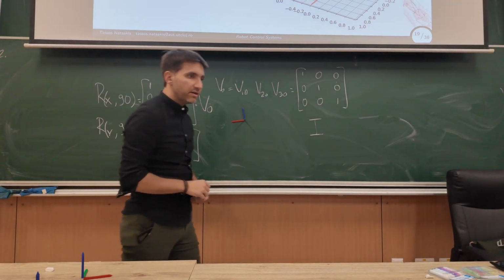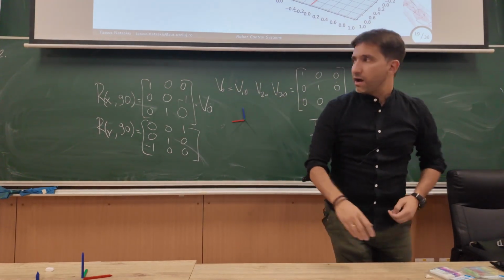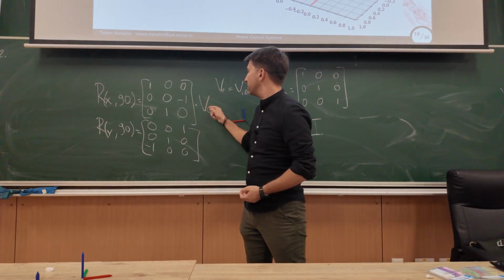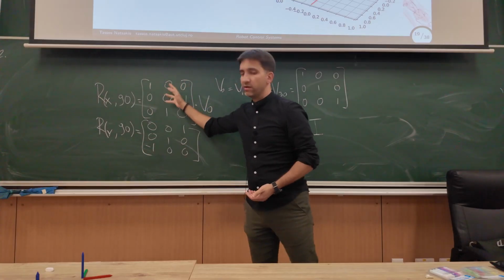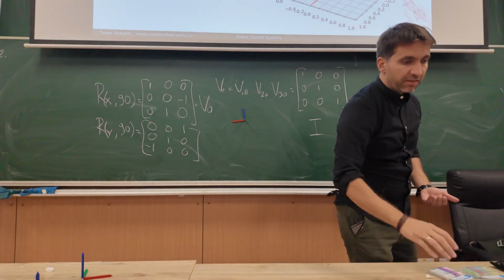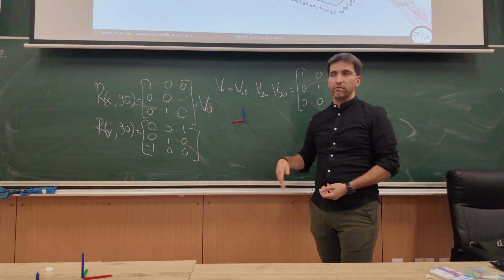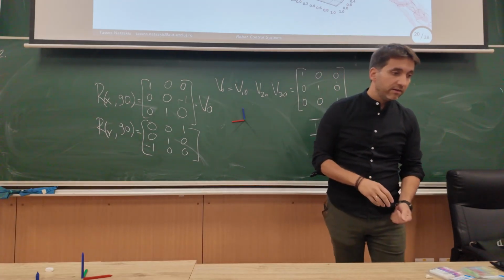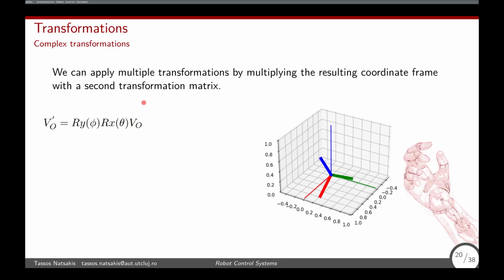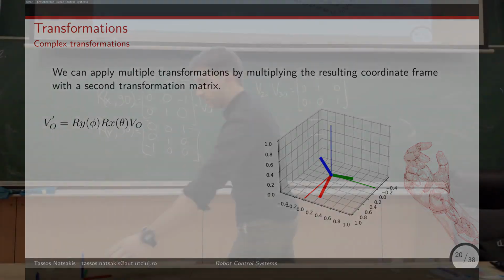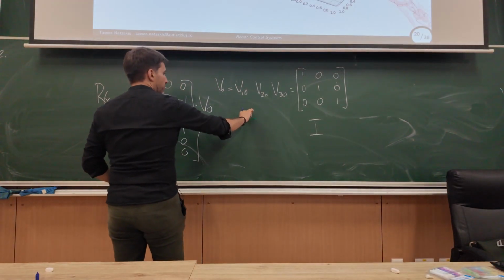So basically, after I rotated this identity matrix to some orientation around x, nothing stops me from multiplying another transformation on it, right? So in this case, I start from the identity matrix, V0, and rotate around x by an angle theta.